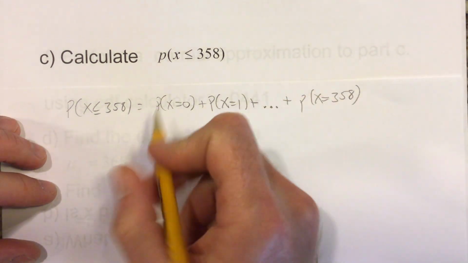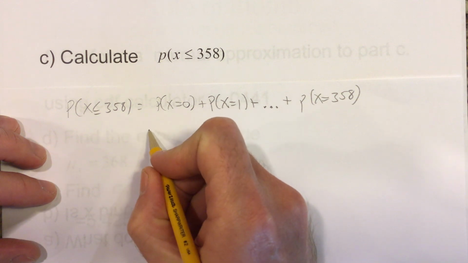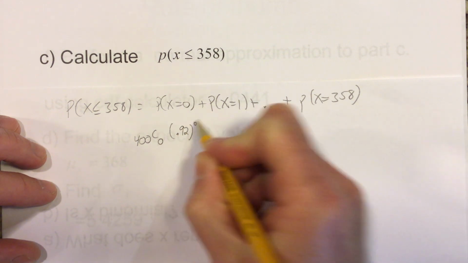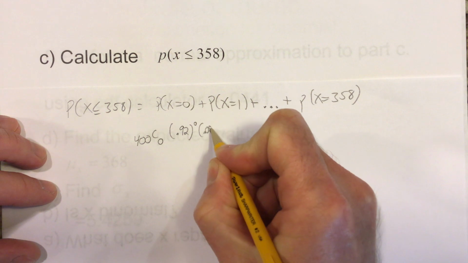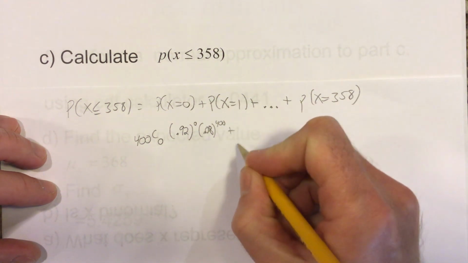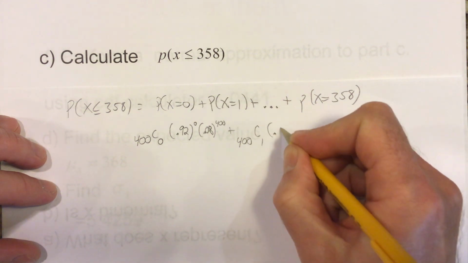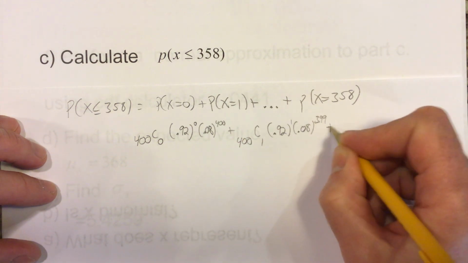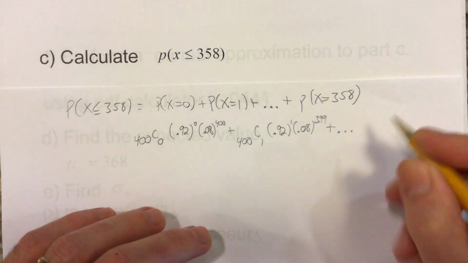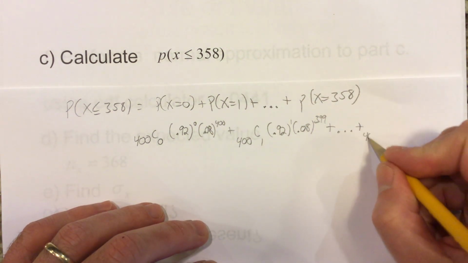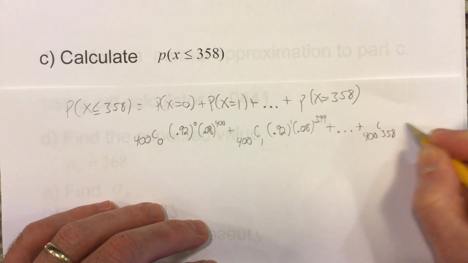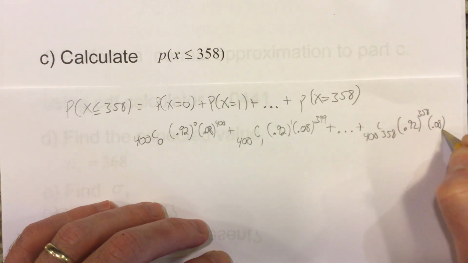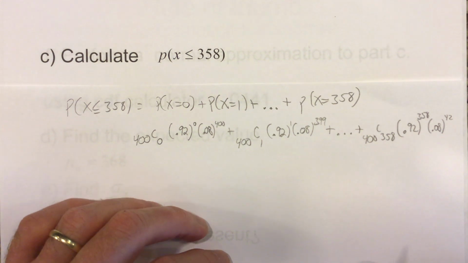So x equals 0 would be 400 choose 0, times 0.92 to the 0, times 0.08 to the 400th, plus 400 choose 1, 0.92 to the first, 0.08 to the 399th, plus... And then the last term would be 400 choose 358, 0.92 to the 358, 0.08 to the 42nd. Yay, so there's my work.